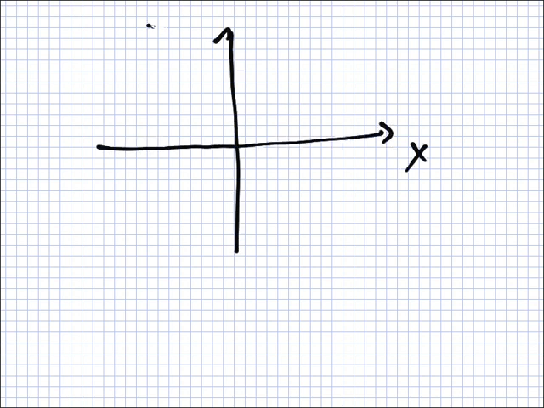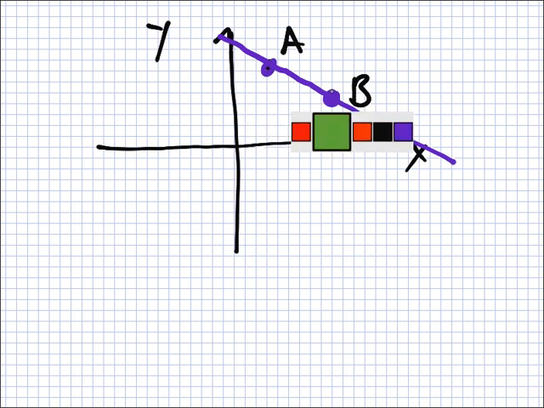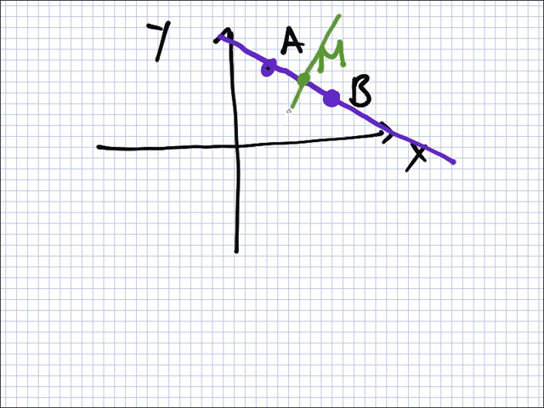X, Y, A, B. Right. There's the line that goes through AB. This point here, I'll call it M. That's the midpoint. Okay? It's like the last question. Then we have a line that goes down here.